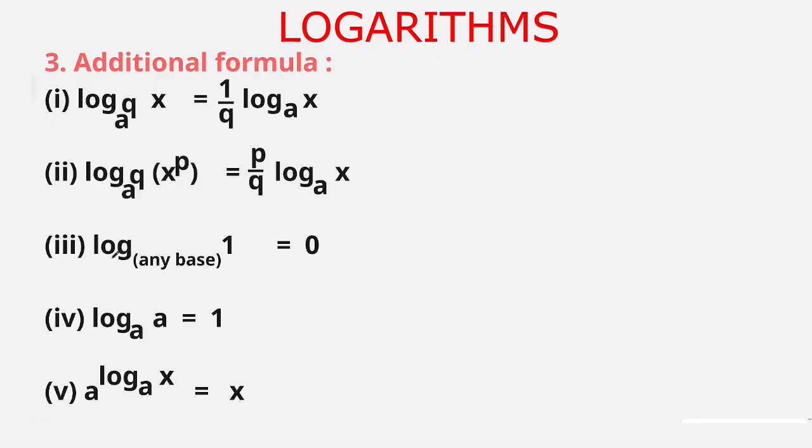The third formula is log 1 to any base equal to 0. The fourth formula is log a base a equal to 1. And the fifth formula is a to the power log x base a equal to x.